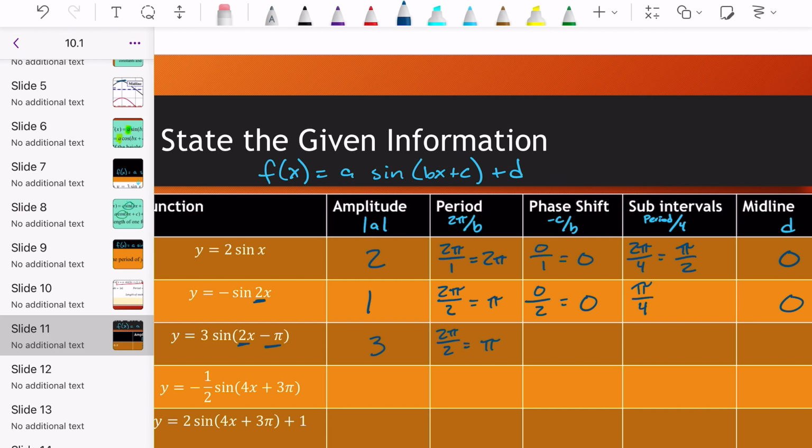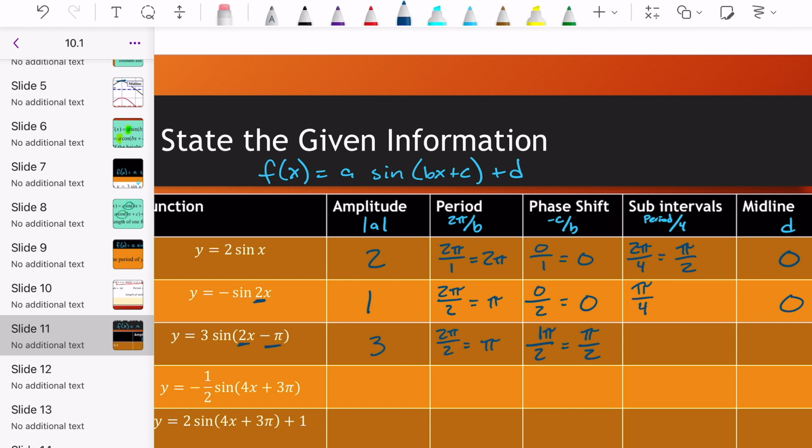So a negative of a negative 1 would leave you with positive 1 over b, which is 2. Keep in mind, anytime that you have a c, in this case, it is going to be negative pi, which means you write down that pi. Your answer here is going to be 1/2 pi or pi over 2.